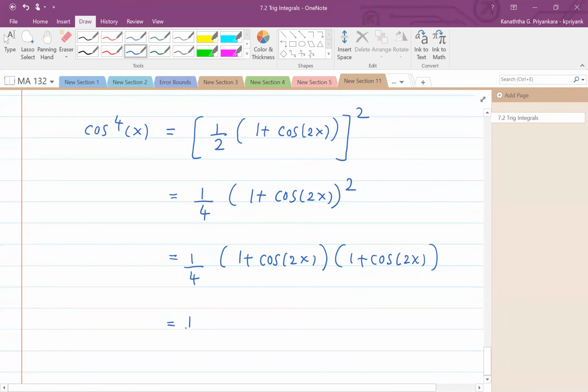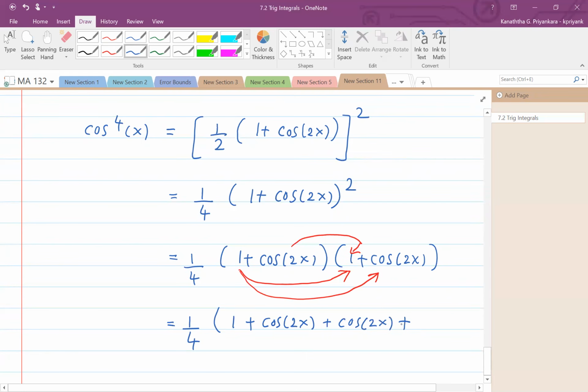Now we get 1/4 times, I'm going to multiply these first. So 1 times 1, we get 1, plus 1 times cosine 2x, we get cosine 2x. Then cosine 2x times 1, we get plus cosine 2x, plus cosine 2x times cosine 2x, we get cosine squared 2x.